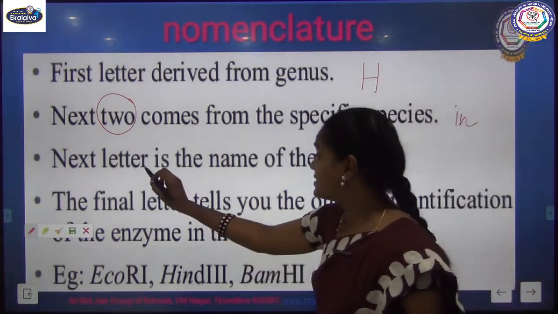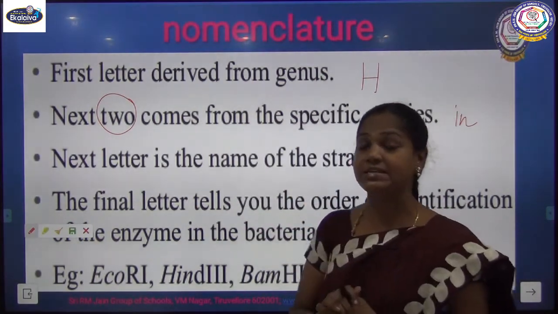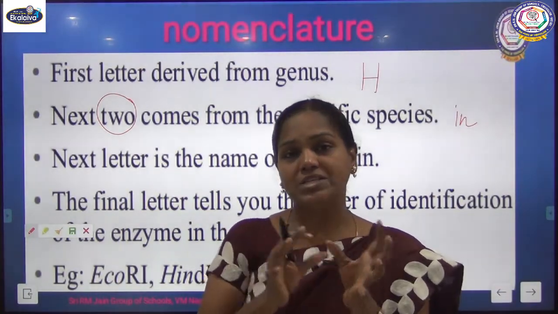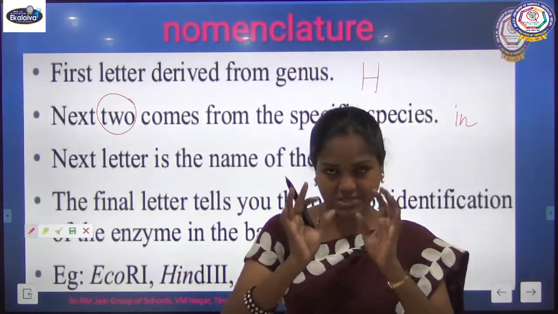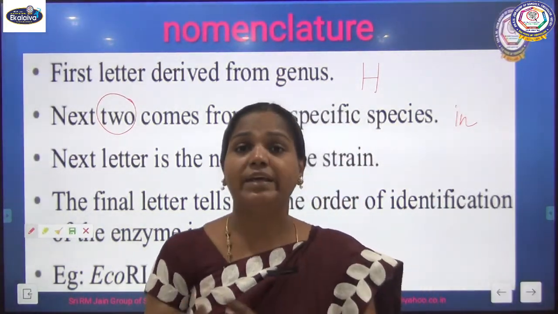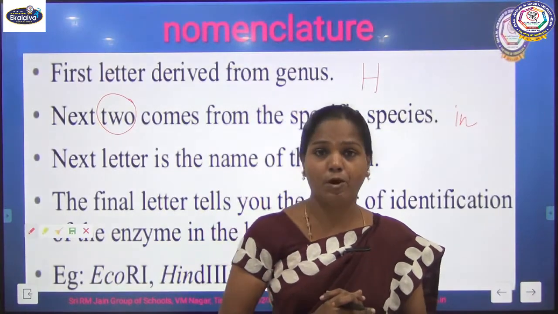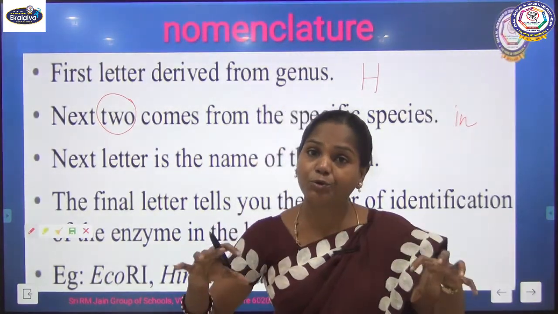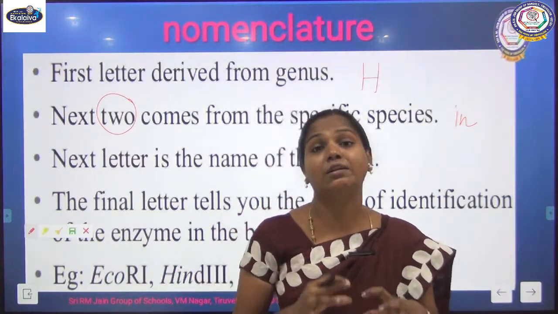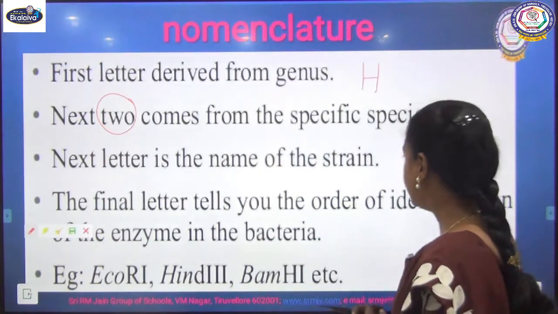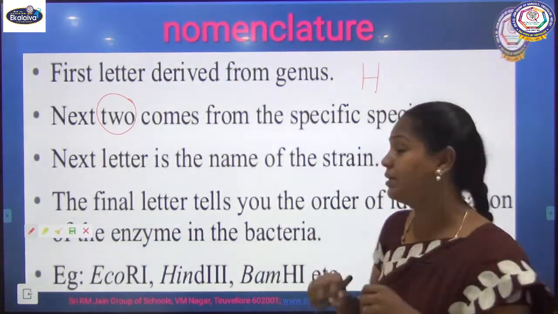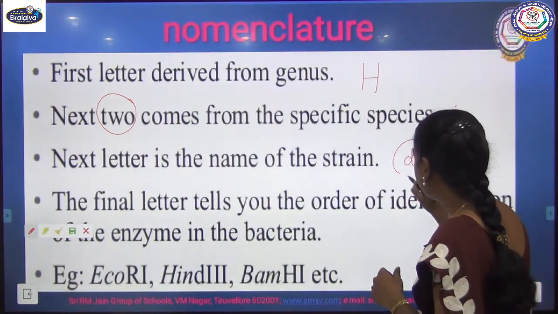Then the next letter is the name of the strain. Strain means within the same species, a group of Haemophilus influenza, they can differ in some of their biochemical properties. Under that condition, we can group the same species into separate groups, and we call that a strain. The 4th letter shows the strain of that particular bacteria, so here D is the strain.